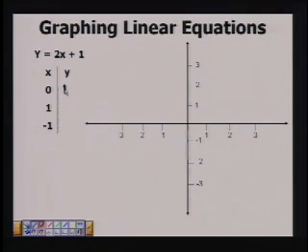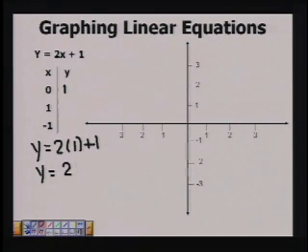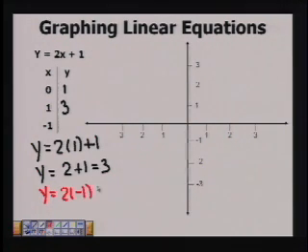If we substitute 1 into the equation for x, we would get y equals 2 plus 1, or 3. And if we substitute -1 into the equation for x, we get y equals -2 plus 1, or -1.